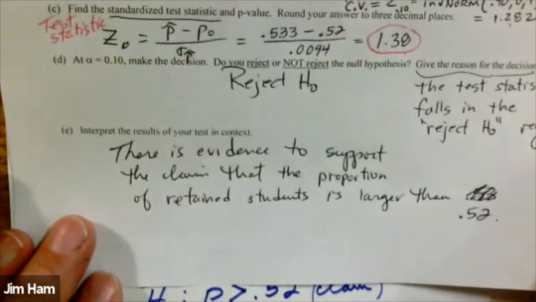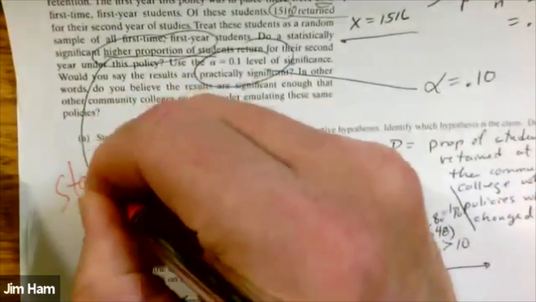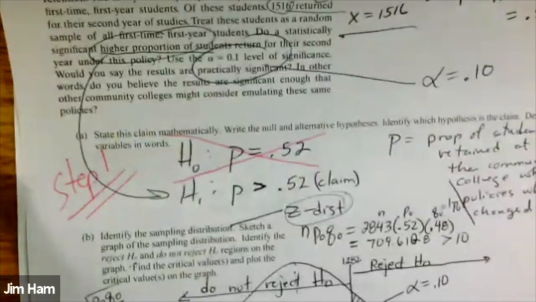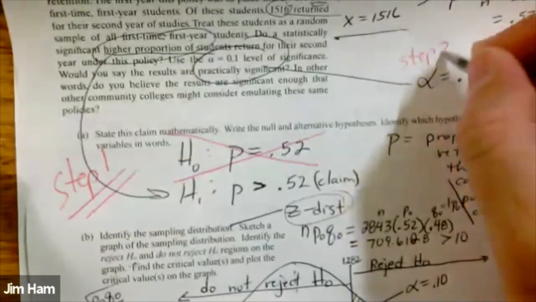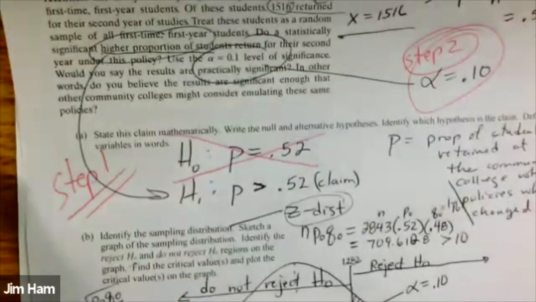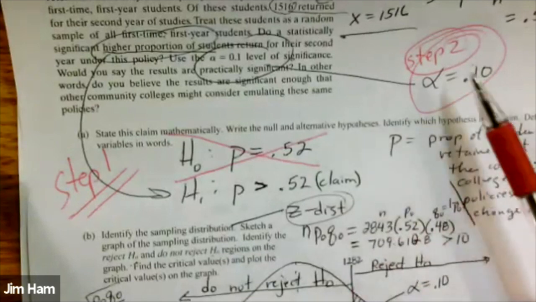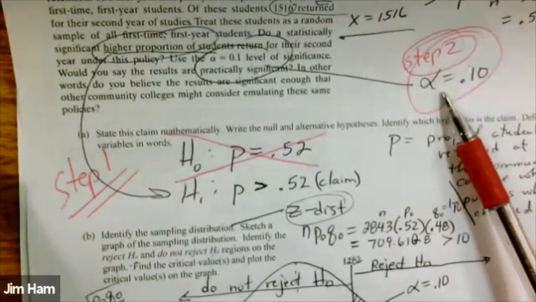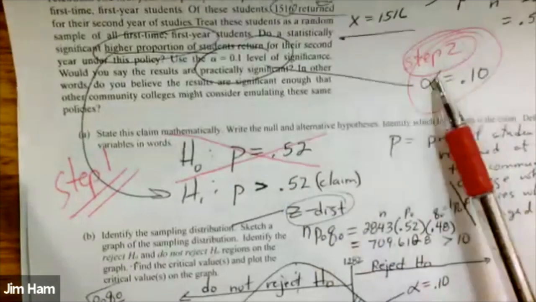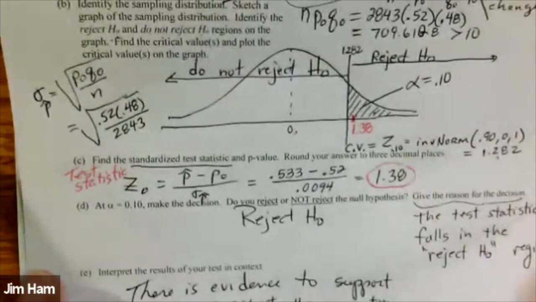I think this one more parallels the 5 steps. So for example, part A, you have the step 1, write the hypotheses. We don't give a part B for this one here, but I suppose I could ask you what's the level of significance, and then you just have to look at it there, but not actually one of these problems. But we do use it down here.